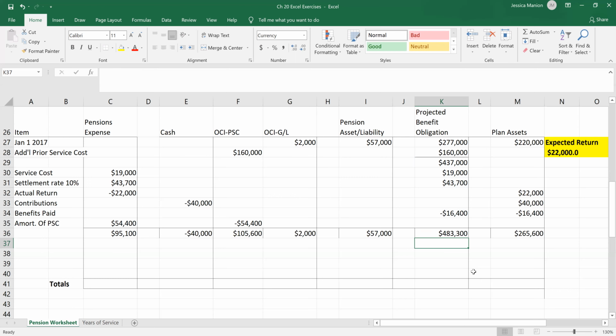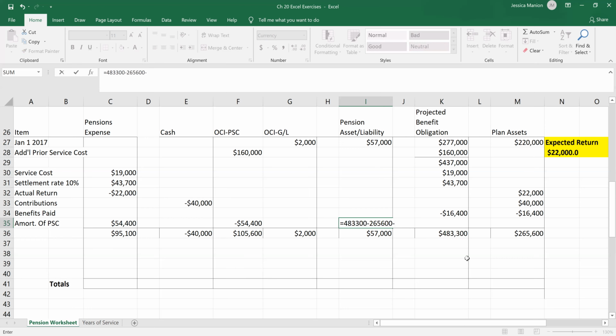But we've still got a big liability here. Again, we can see we've got projected benefit obligation of 483,300, while we've got plan assets of 265,600. So we need an additional liability here. Just like we did before, we'll say 483,300, that's our projected benefit obligation, minus 265,600, and then minus what we already started with.